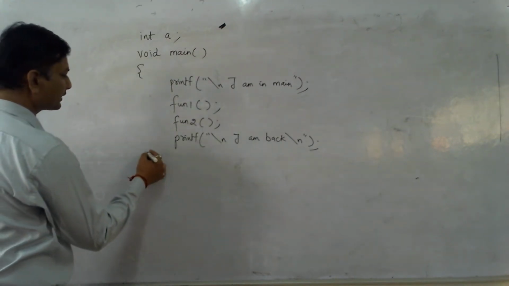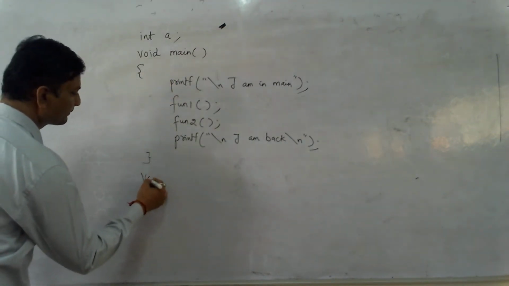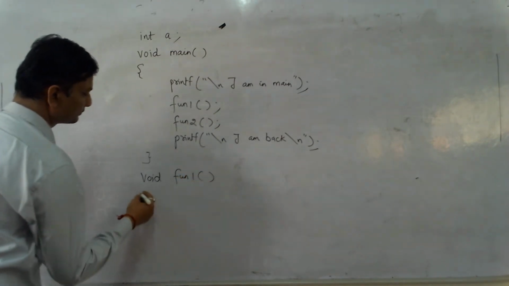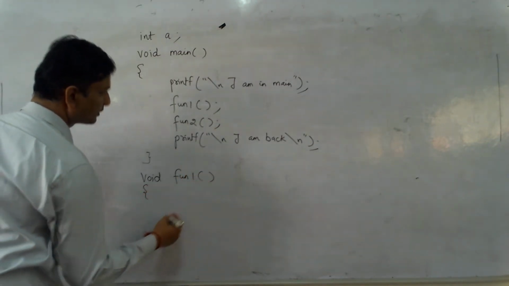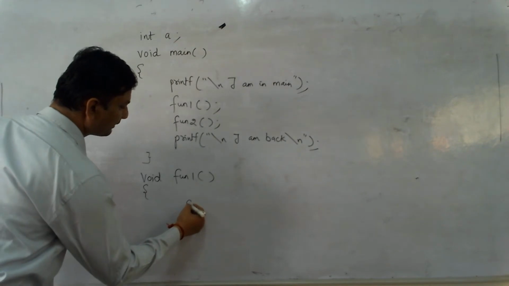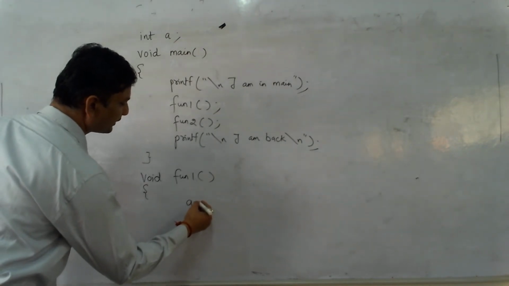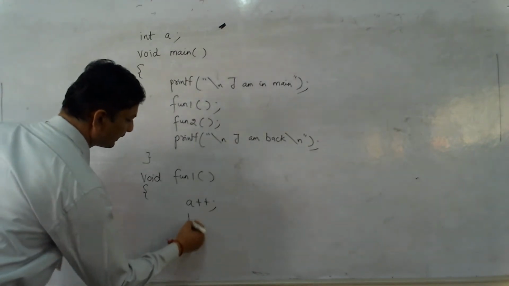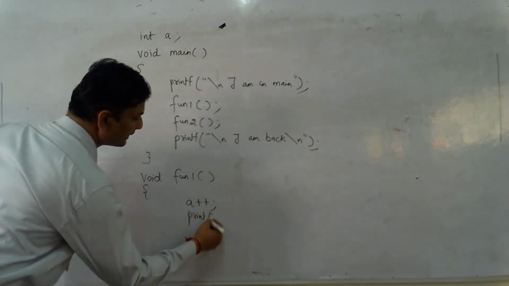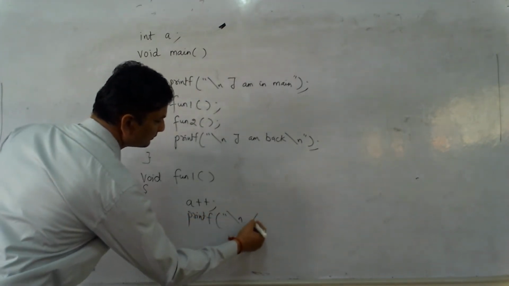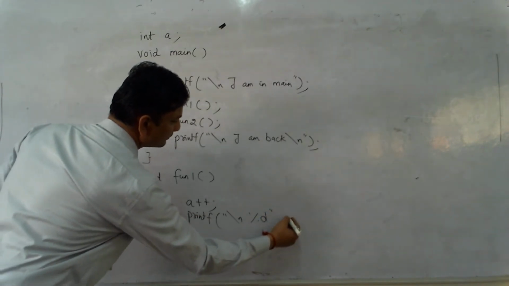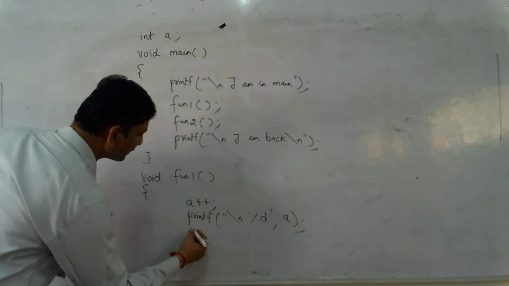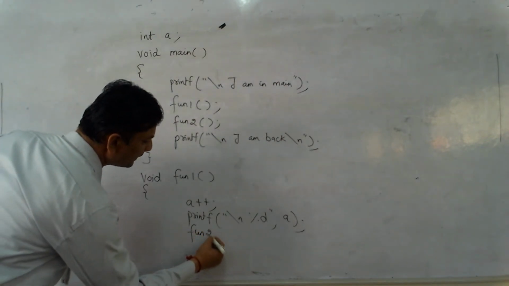So after closing the bracket of the main function, let me write fun1. Here I have increased the value of a by 1 and then display its value, and then call fun2 from here also.